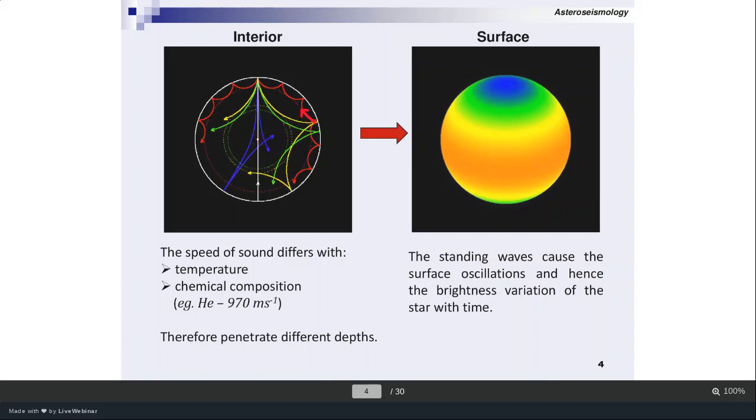But if you look at this red standing sound wave, it moves within the surface or close to the surface of the star. So if you detect the frequencies of these oscillations, you can determine the different depths of the star, the properties, and the internal structure within the star. You can actually see here that these vibrations or standing wave patterns create different surface brightnesses.